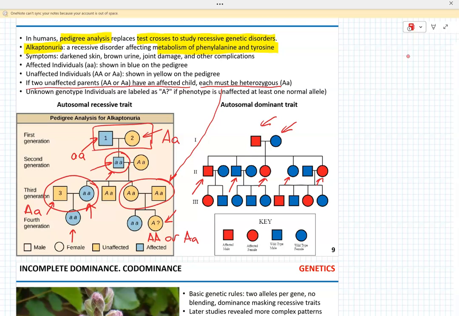If this parent is homozygous recessive, then in order to produce both affected and unaffected, in other words, homozygous recessive offspring, this parent has to be heterozygous. So by studying the pattern of inheritance and knowing whether this is autosomal inheritance, one can conclude the genotype of an affected individual.